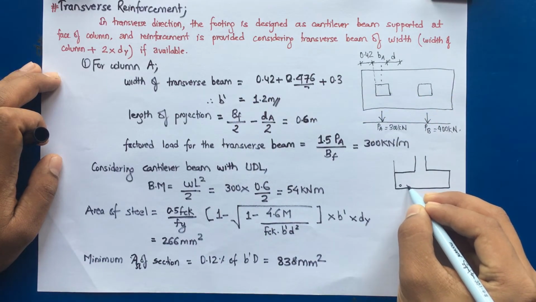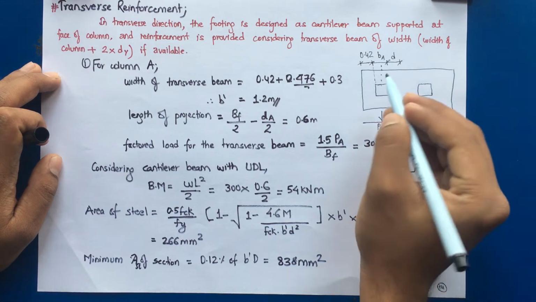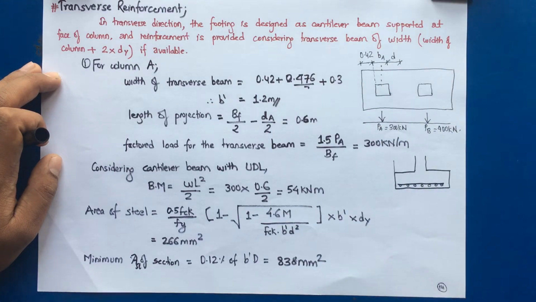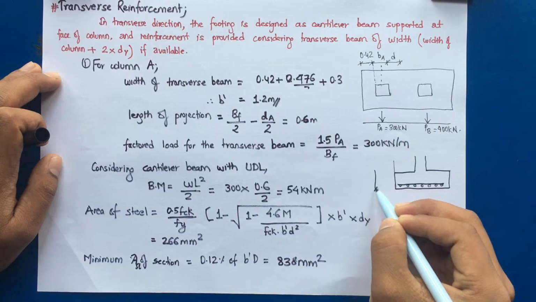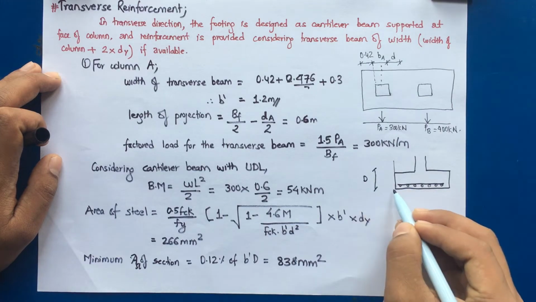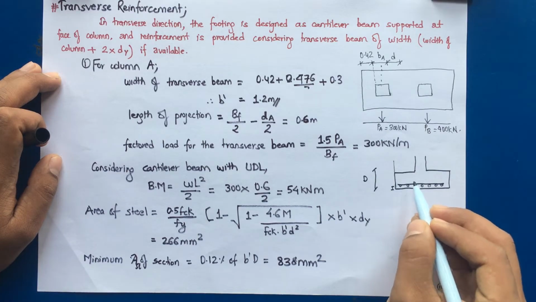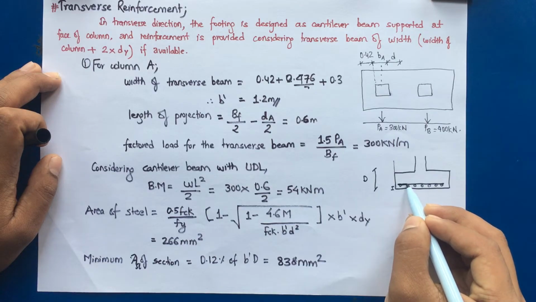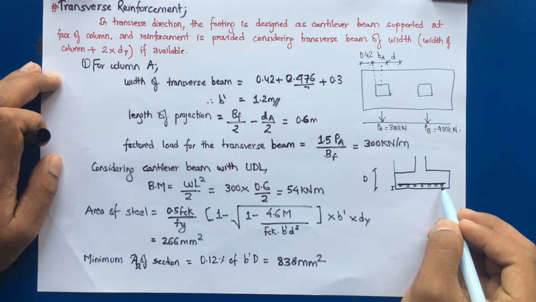So this will be the rebar, that is the longitudinal rebar, and the transverse rebar will be at the top of the longitudinal reinforcement. Now for this, the effective depth will be D minus clear cover minus the longitudinal rebar minus phi by 2, because the transverse rebar is provided in this manner and it is above the longitudinal rebar.